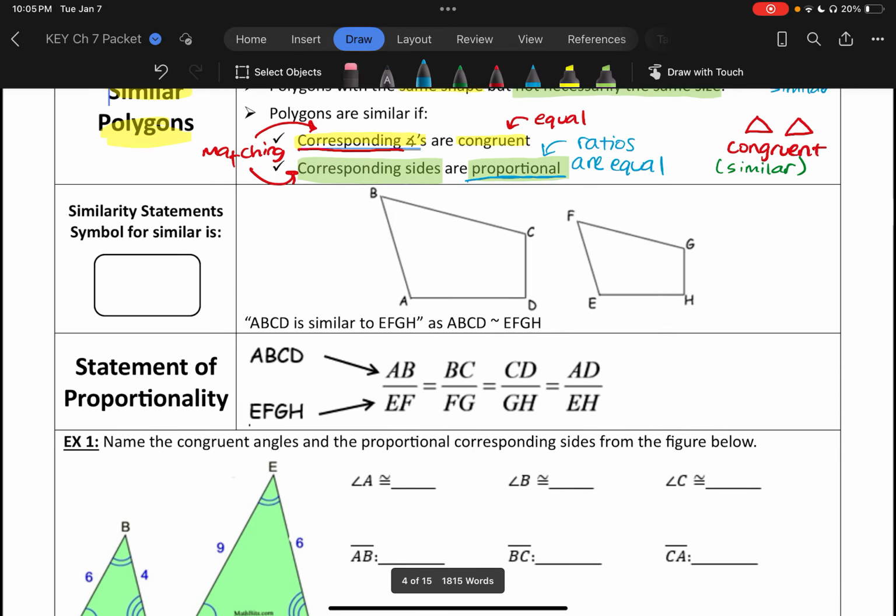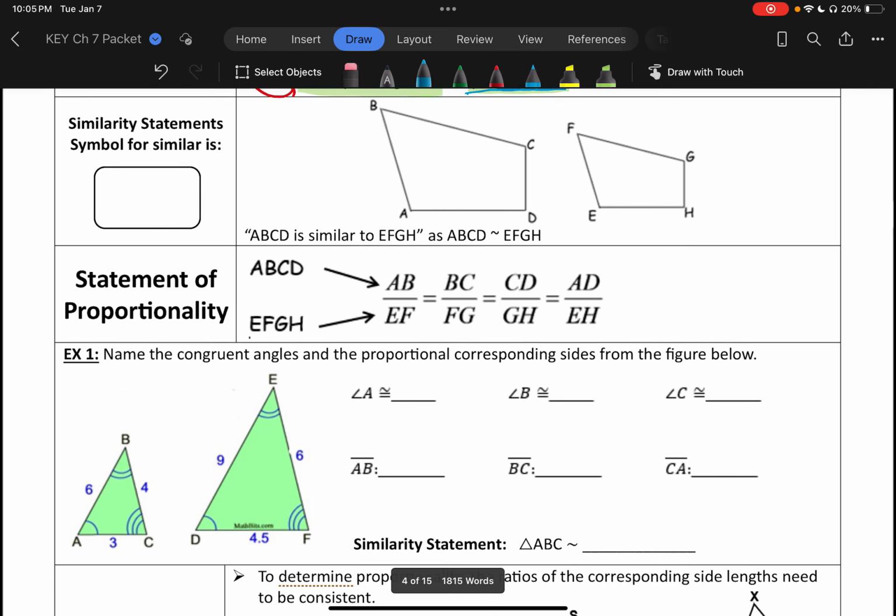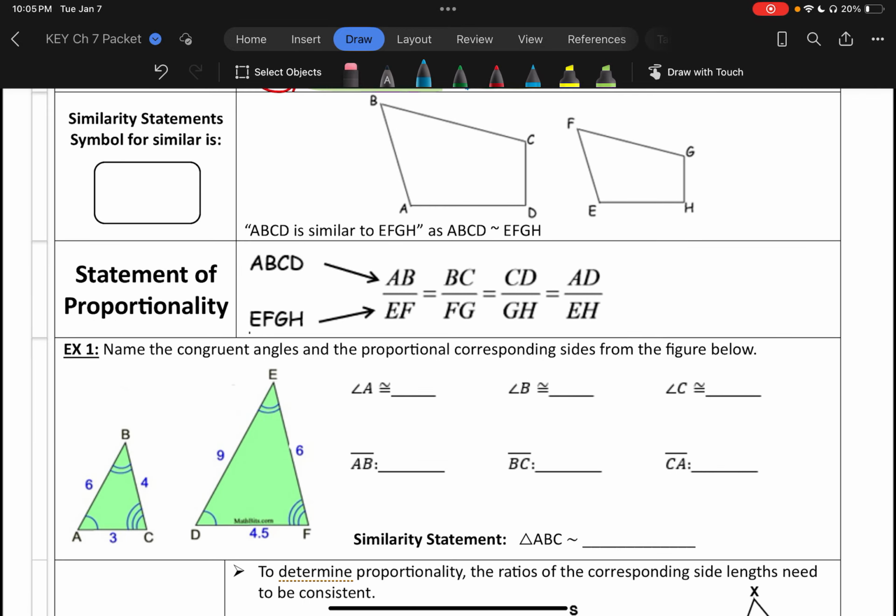So now let's look at the symbol that we use for similar. The symbol that we use for similar is this right here, that squiggly line. Anytime you see that symbol, it stands for similar. And we can see that right here. What we have written here is known as a similarity statement.